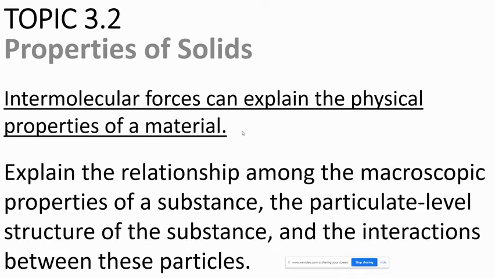If you have kind of weakish intermolecular forces, then you're dealing with a liquid. And if you have virtually no intermolecular forces or no intermolecular forces at all, then you're dealing with a gas. So as you weaken the intermolecular forces, you change phases. And that's essentially what the energy is going in to do during those phase changes, is to weaken these intermolecular forces.